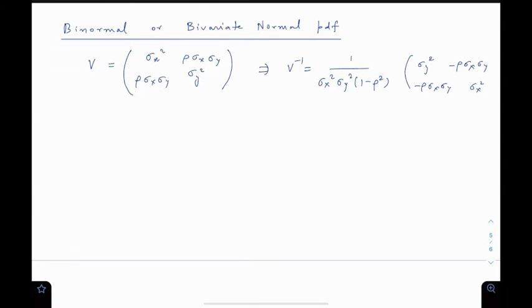and the distribution function is given as f of x comma y.